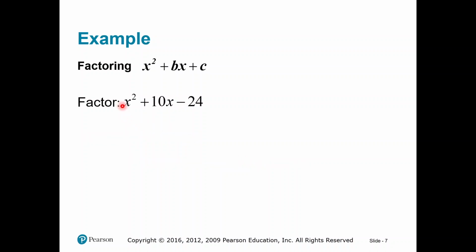Next, factor x squared plus 10x minus 24. Once again, c is negative 24, b is 10. I want a product of negative 24 and the sum of 10. So something multiplies to negative 24 and adds to 10. It looks like negative 2 and 12 will be good.